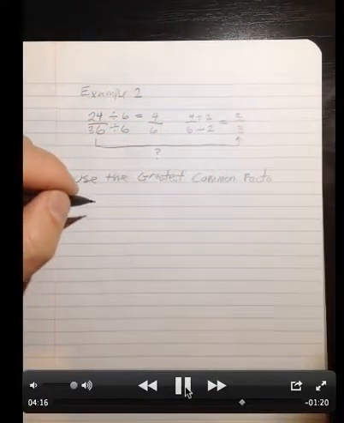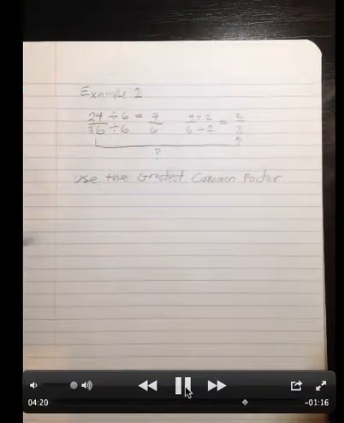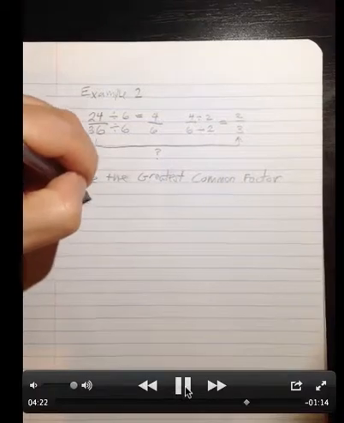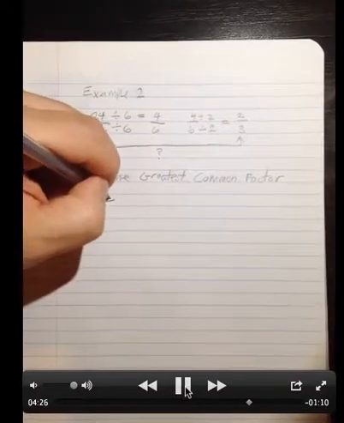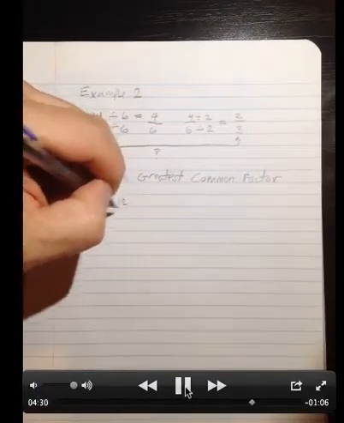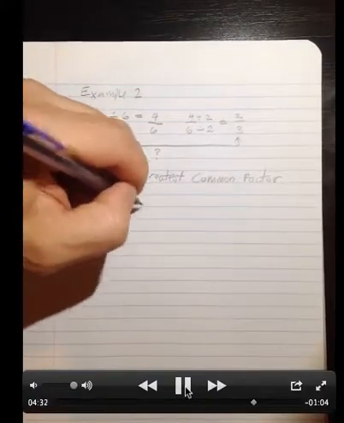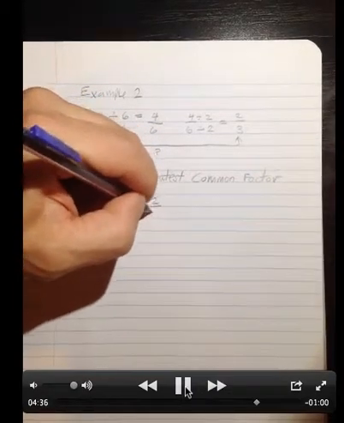The biggest number that goes into both 24 and 36 is 12. 24 divided by 12 is 2. 36 divided by 12 is 3. So that simplifies to 2/3.